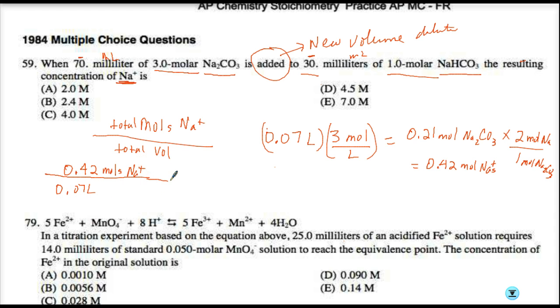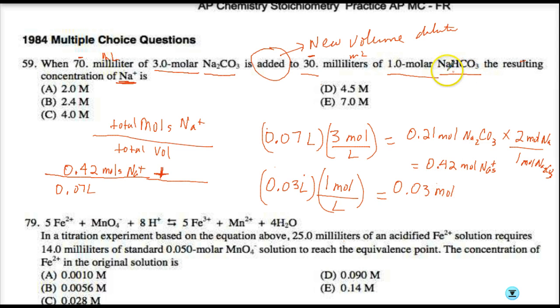And then from the other solution, plus, I have 0.03 liters of a 1 molar solution, 1 mole per liter solution. And so that's going to give me 0.03 moles.